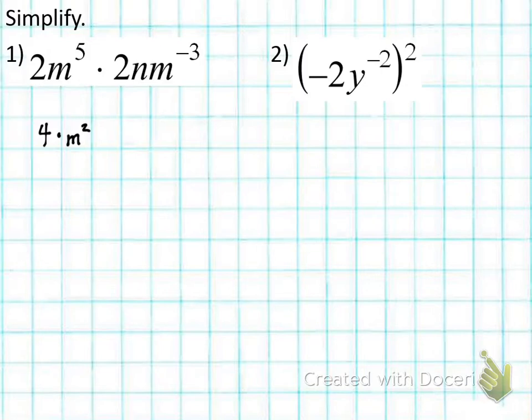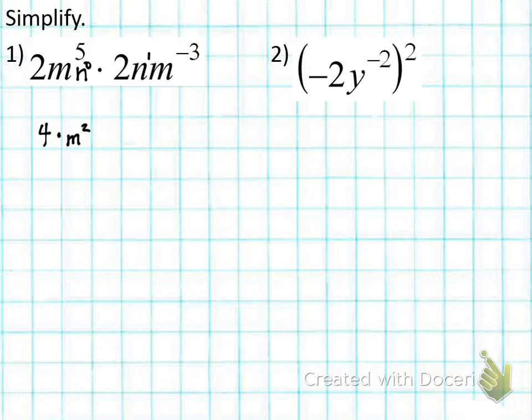Then the next letter is n. We have n to the first power here. You're watching right now, not writing, because you're going to miss something really important. Are there any n's here? No. There are really, how many n's? N to the what power? 0 power. What's anything to the 0 power? It's not itself.